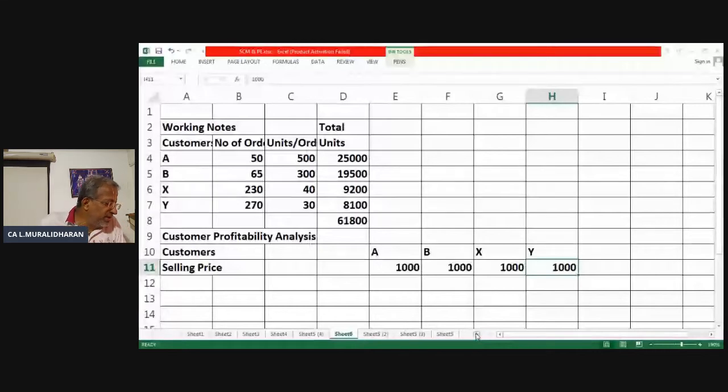So the listed price is 1000. Instead of calling it a selling price, listed price.